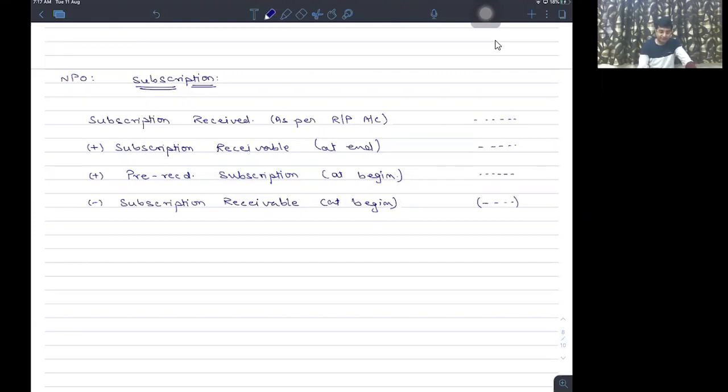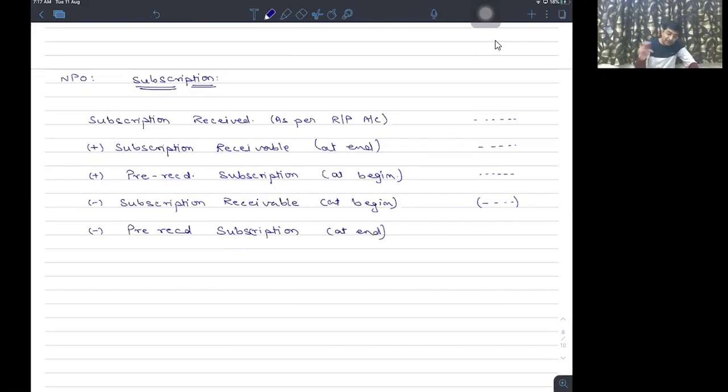Same ways, if there is a pre-received subscription at the end, that pre-received subscription also needs to be subtracted. Why? Because that is received during the current year.